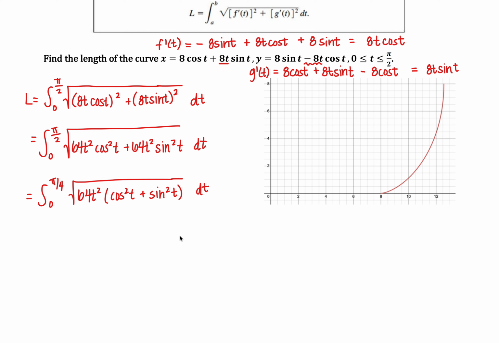So that leaves us with just 64t squared inside the radical. Oop, I just noticed. I randomly changed this to a pi over 4. Let's fix that. I think I had 64 on my brain. There we go. Let's change that back. So we have the square root of 64t squared. And the square root of 64t squared is just going to be 8t.